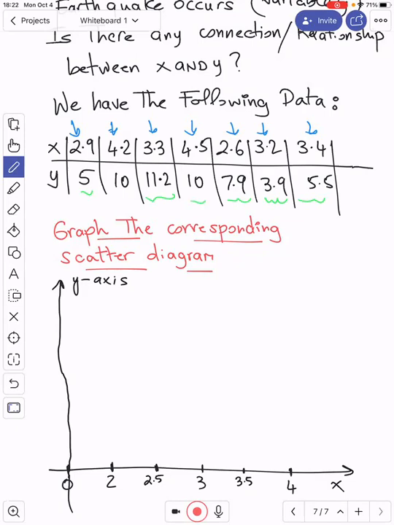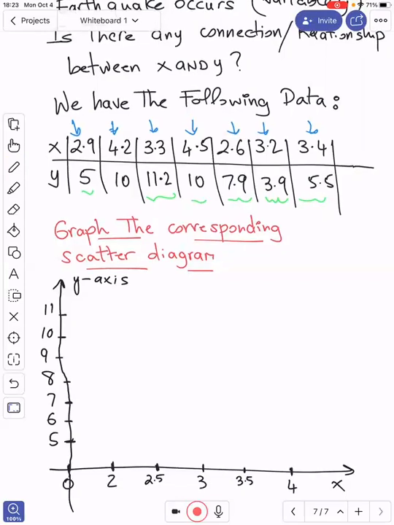So on the y-axis, I'm gonna start with 5 somewhere right here. This is 5, and so let's say this is 6, 7, 8, 9, 10, and then 11.